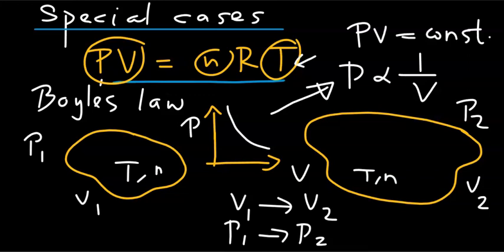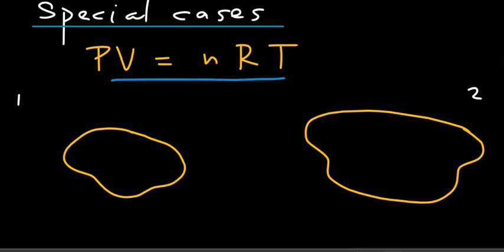Next case is, let's maintain the value of pressure and the number of moles of gas, and we shall change the volume and see what happens to temperature. So in this case, the initial volume of the sample of gas is V1, and we expand the gas so its volume becomes V2. The pressure is maintained as P, and we do not change the number of moles of the gas.